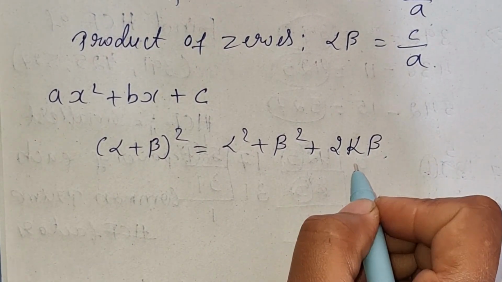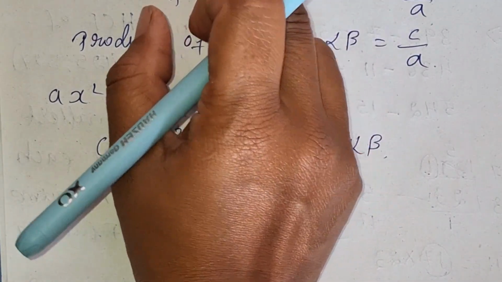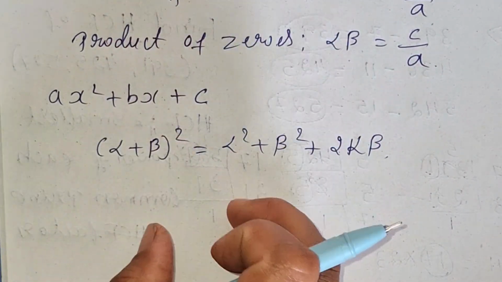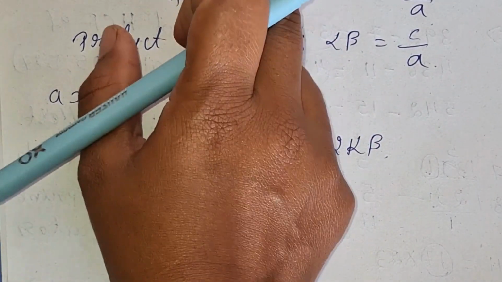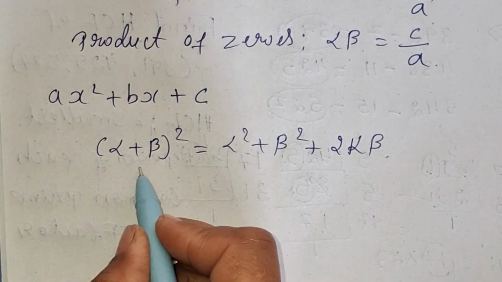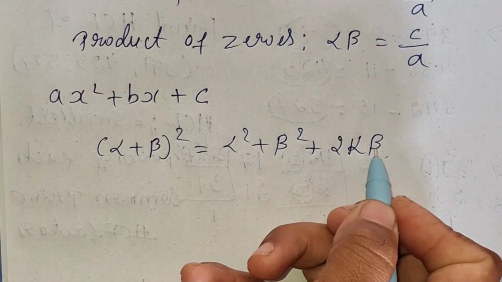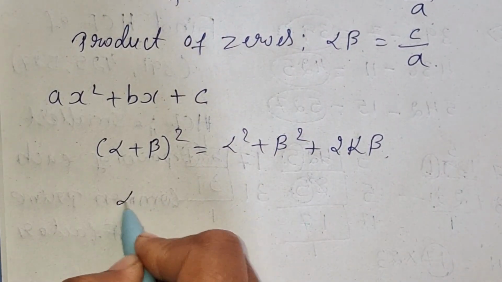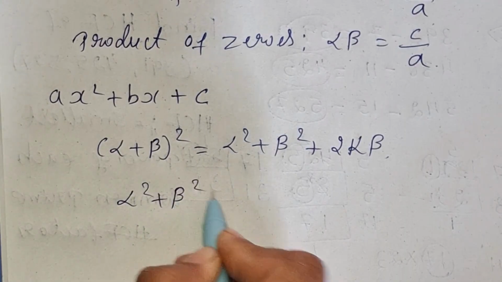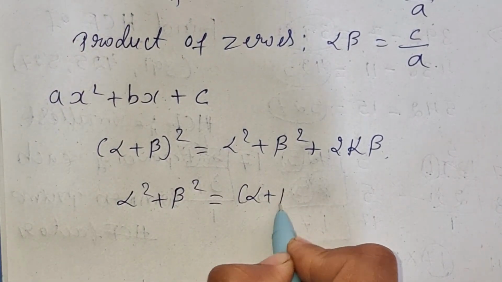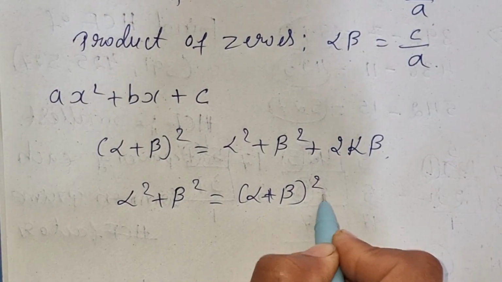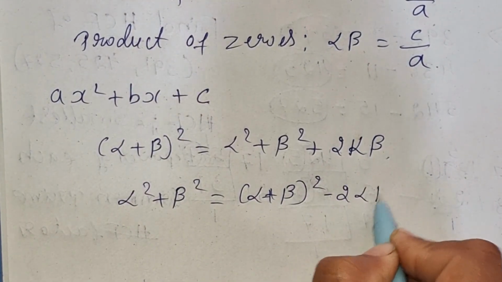We can arrange this algebraic identity in this form. So we send alpha plus beta whole square to the right hand side. Alpha square plus beta square equal to alpha plus beta whole square minus 2 alpha into beta.